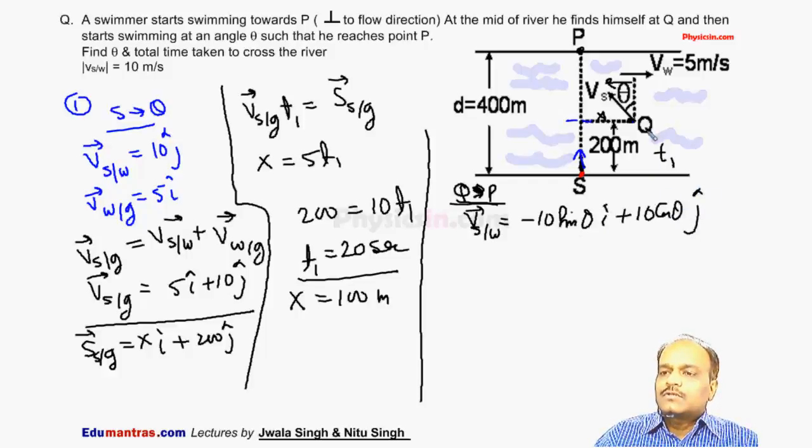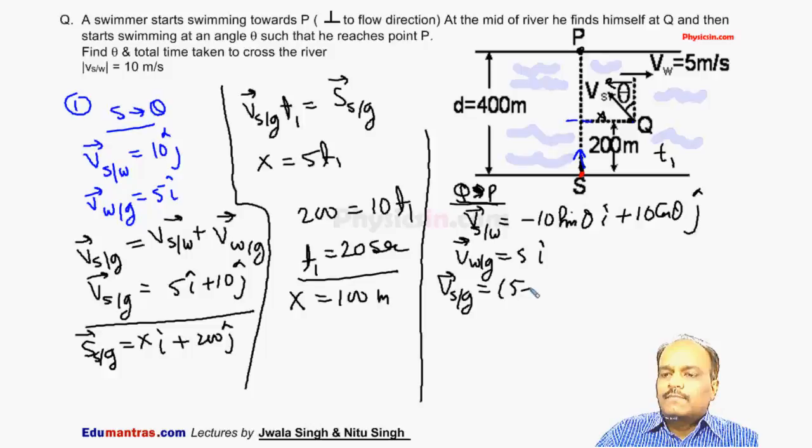This is the velocity of the swimmer when he starts moving towards this point P starting from Q. The velocity of water with respect to ground will remain the same, it is 5 i cap. So the velocity of the swimmer with respect to ground is again the sum of these two, which is equal to 5 minus 10 sin theta i cap plus 10 cos theta j cap.